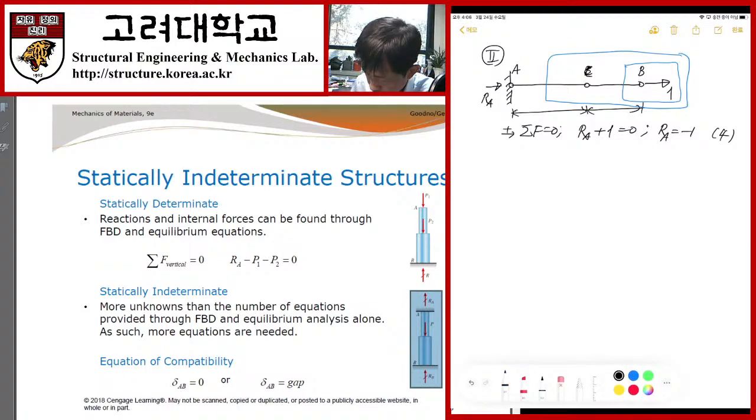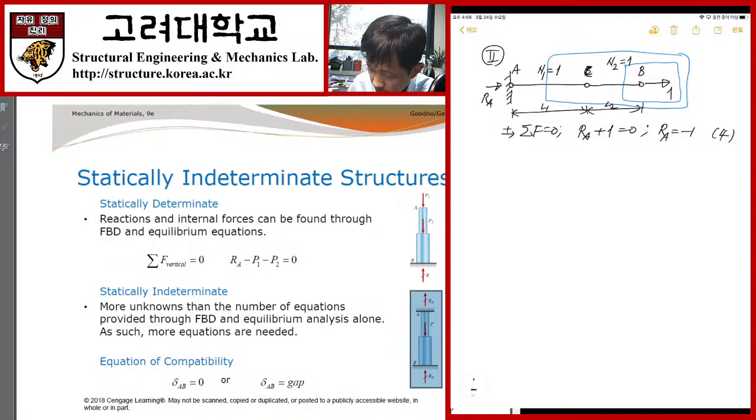Maybe I don't have to repeat the calculation because you don't understand what happened here. This is part 1, so L1 and L2, and then I can calculate N2. N2 is equal to 1, isn't it right? And also here the internal force in segment 1, N1, is also equal to 1.